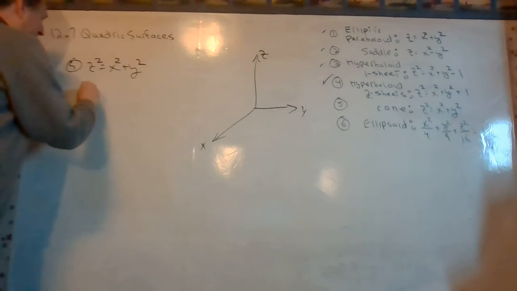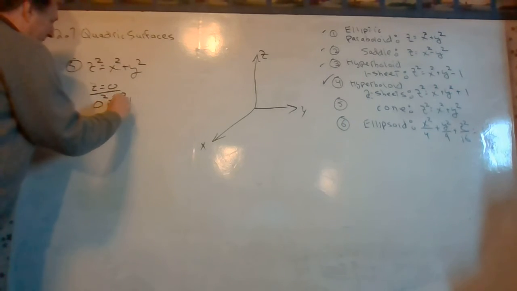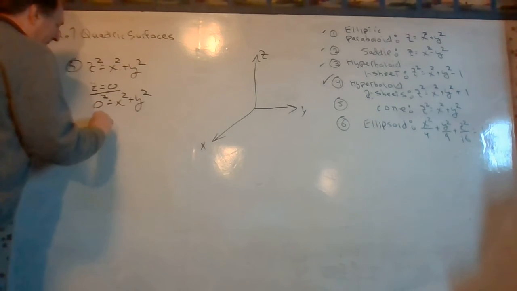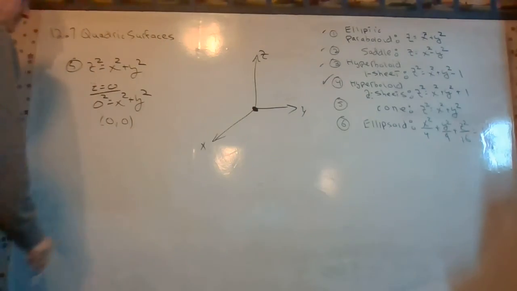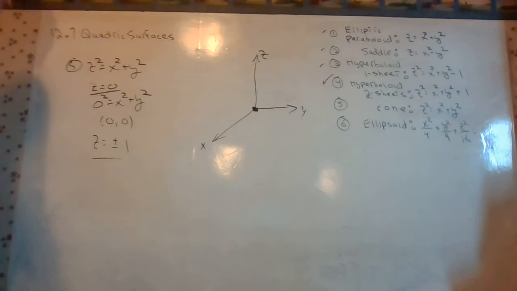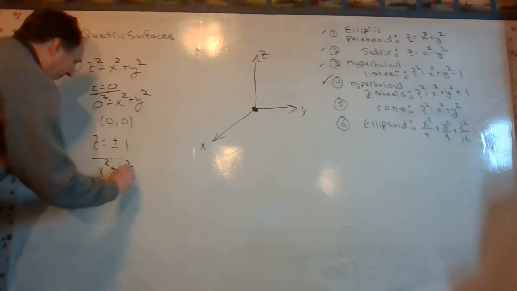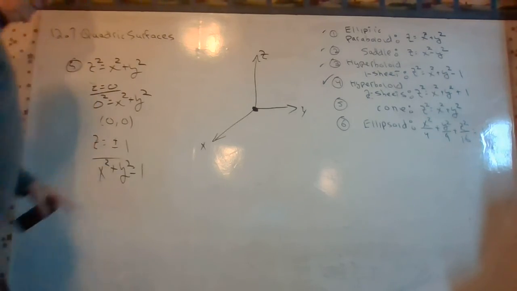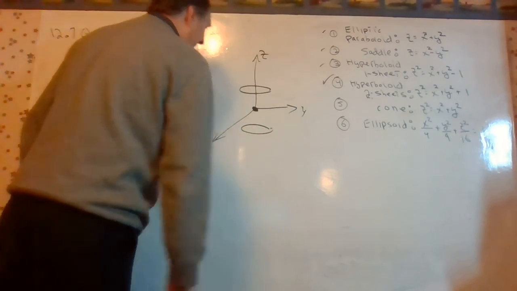And like before, you can start off at z equals 0. And you end up with this point right here. Plus or minus 1, you have x squared plus y squared equals 1. You can go up, and we have a circle. Go down, we have a circle.